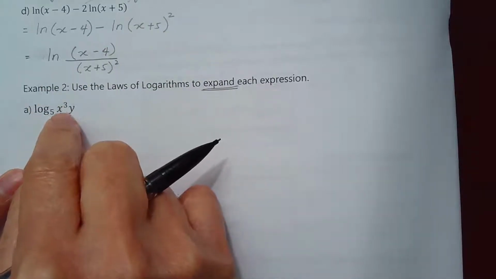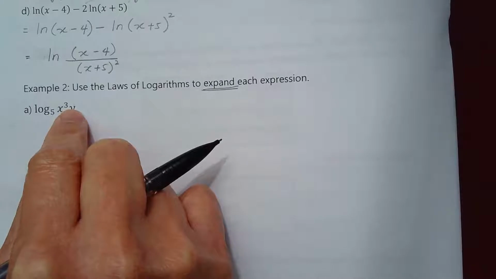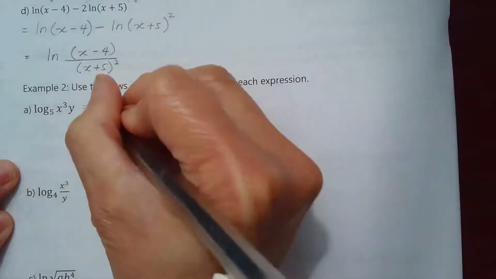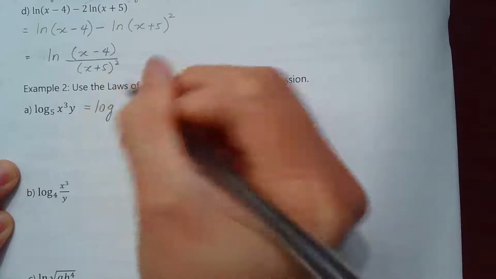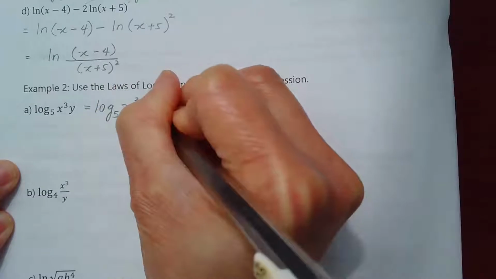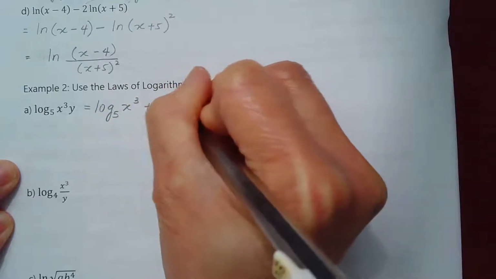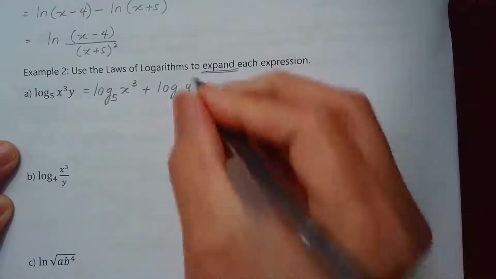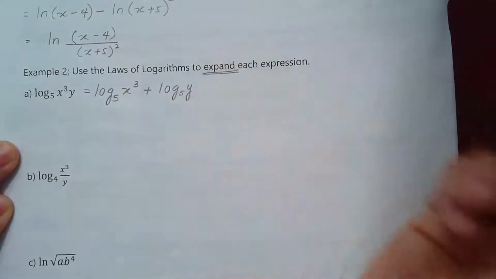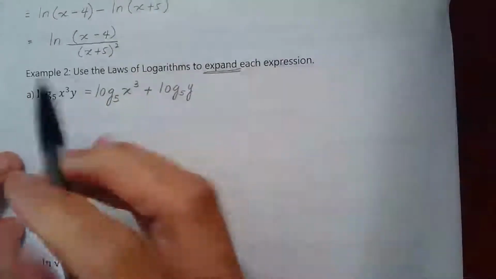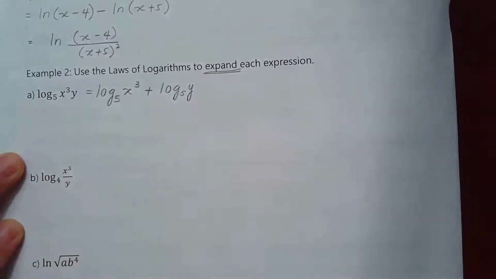What would that be? If they're being multiplied, that means exponents are added. So I'm going to write it this way: log of x cubed base 5 plus log of y base 5. Okay, so splitting them up, right? That's if they're being multiplied.